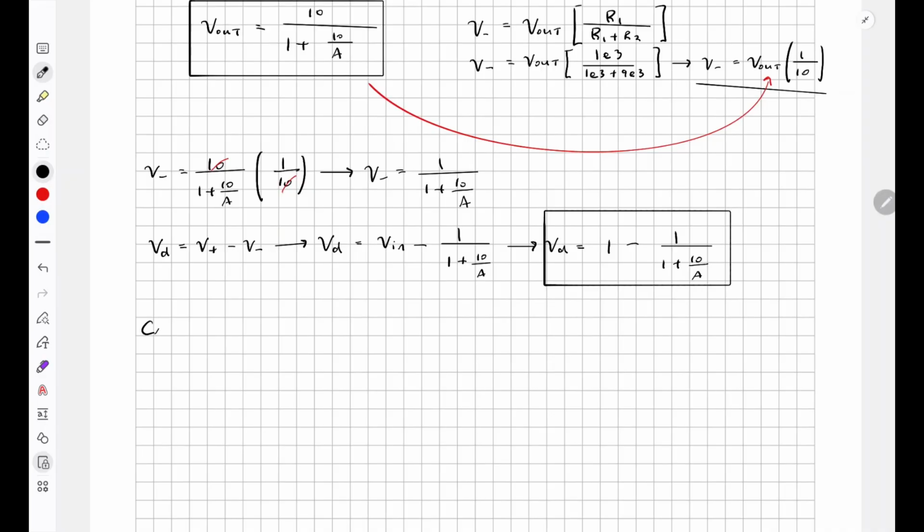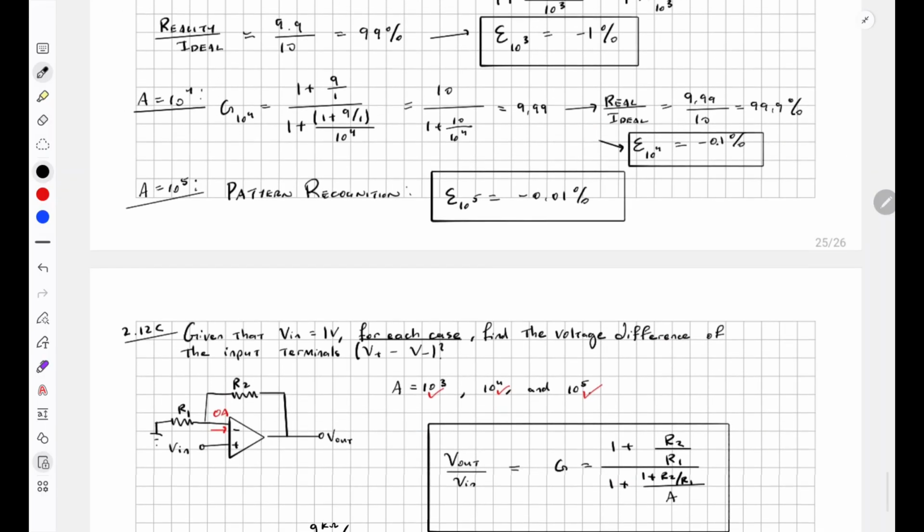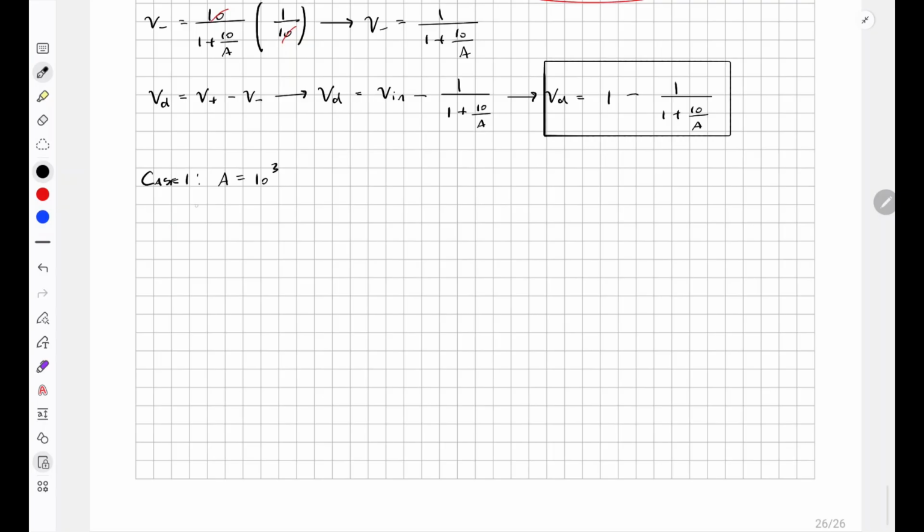Case 1 is when open loop gain is 10 to the third. So we just solve for this. Let's call this VD of 10 to the third case.